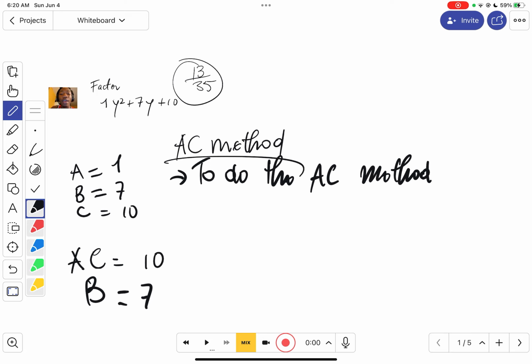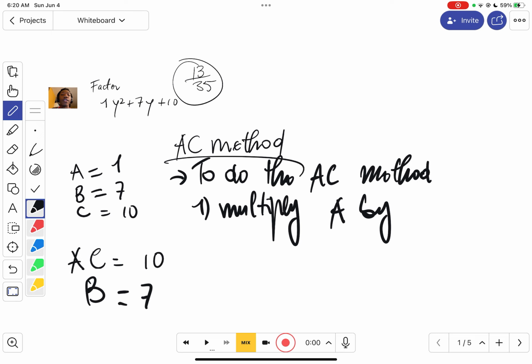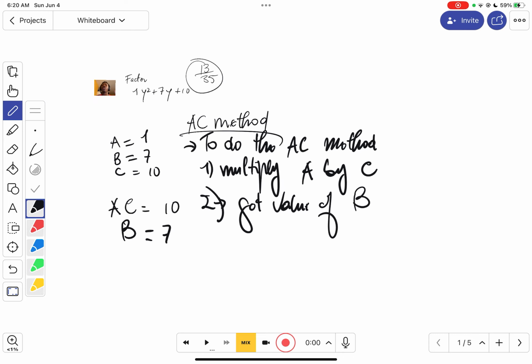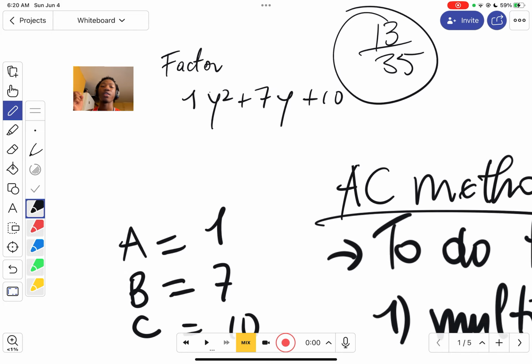To do the AC method: one, multiply A by C. Two, get the value of B. Once you're done multiplying A by C, you will get the value of B, so you'll be able to apply the AC method.